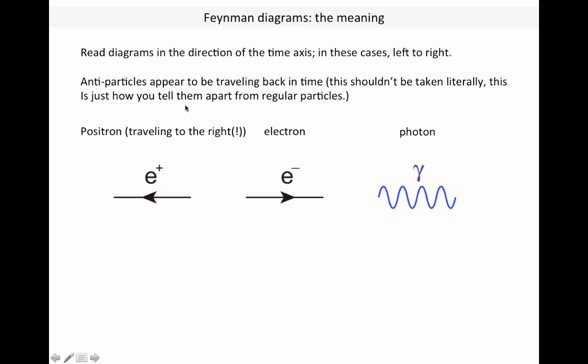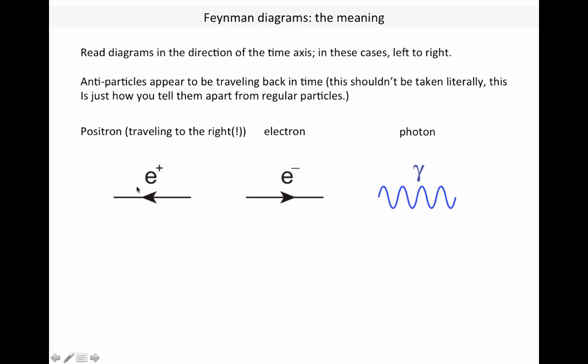Now, antiparticles are represented by arrows that point in the opposite direction to the time axis, which seems on these diagrams to suggest they're traveling backwards in time. This should not be taken literally. This is just how you tell them apart from regular particles.